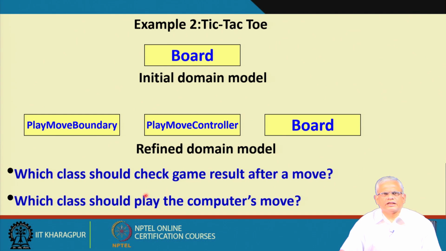Now, another responsibility is that once the human has made a move and the check game result shows that neither has won and the game is also not drawn, then a computer move has to be made. Should this responsibility of making the computer move be with the play move boundary class?